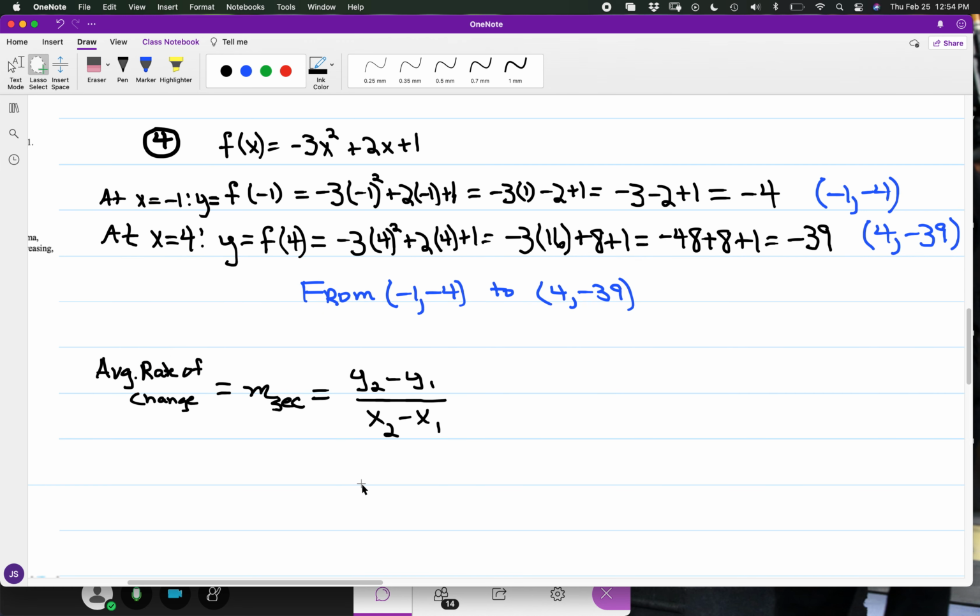And keep in mind that all ordered pairs are of the form x and y. So with (-1, -4), I can identify this as the first x and y values. And with (4, -39), I'll have this as the second set.